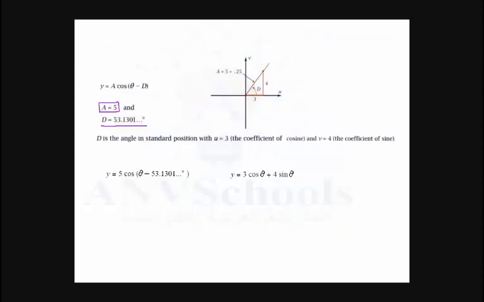Now D is the angle in standard position with u equal to 3. Take note, we have 3 cosine of theta plus 4 sine of theta. That's our y. u is equal to 3, the coefficient of the cosine, and v is equal to 4, the coefficient of the sine.